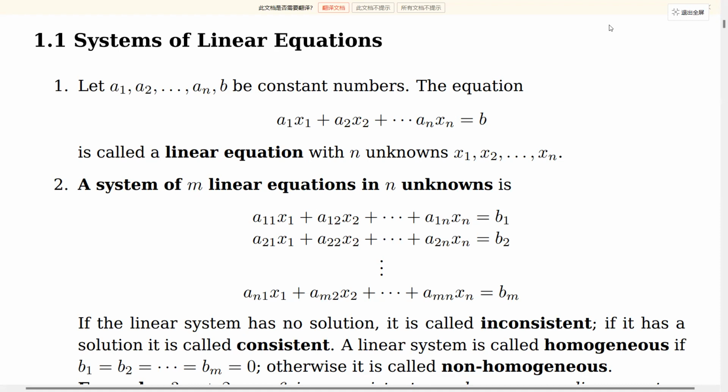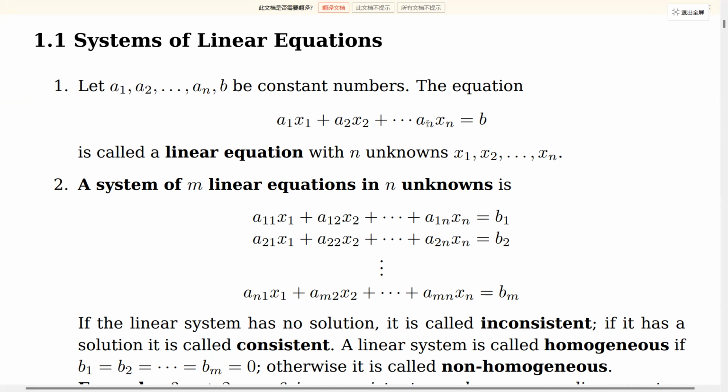We call them a1, a2, up to an. They're called coefficients, and then b is a constant on the right side of the equation. Then you can write down this equation: a1x1 plus a2x2 plus a3x3 up to plus anxn equals b. That gives you a linear equation with n unknowns, n variables.